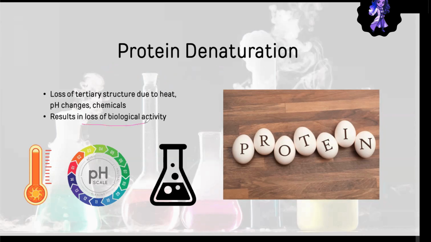They result in a loss of biological activity oftentimes, and enzymes in general fluctuate based on the behavior related to heat or some sort of temperature, pH change, or chemical change. So temperature or pH or chemistry related to proteins can often alter the way that the protein reacts.